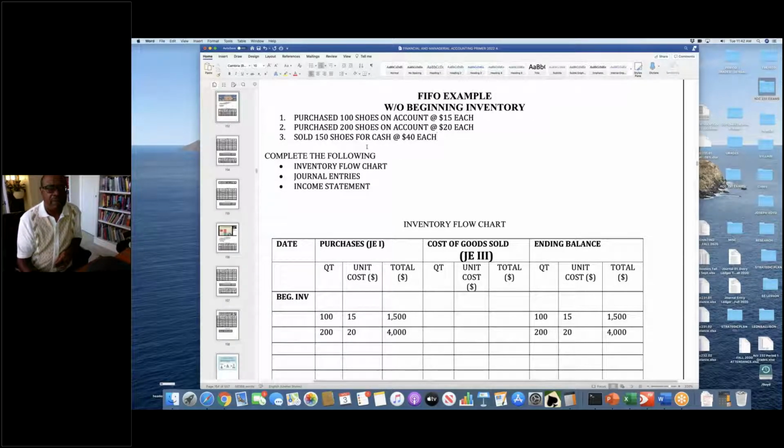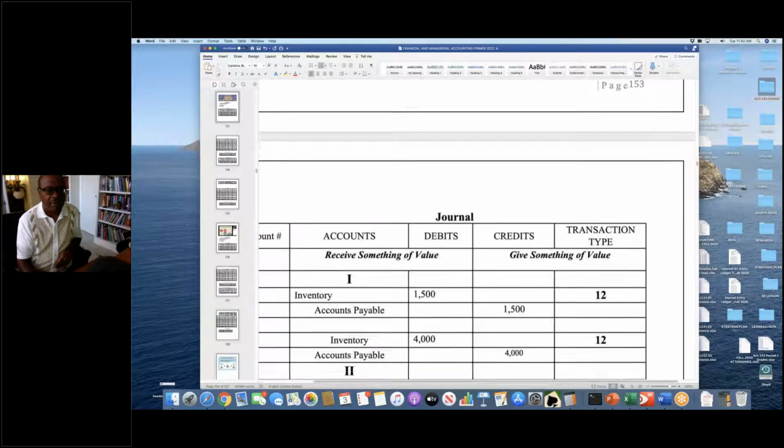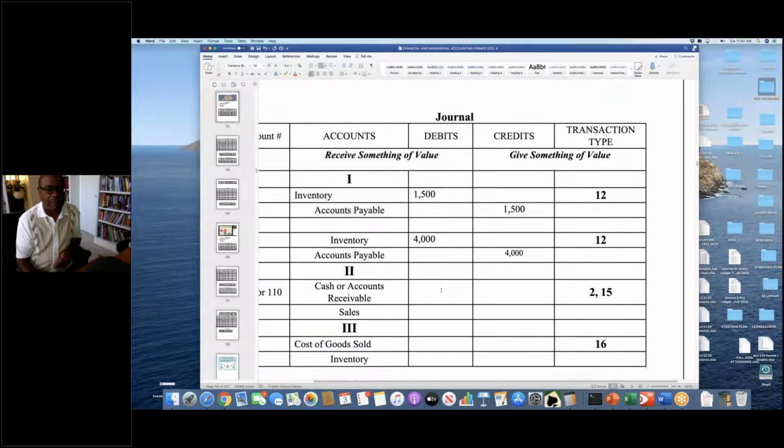So we debit shoes for 150, we're going to multiply 150 times 40. What's 150 times 40? 15 times 4. 6,000. Yep.